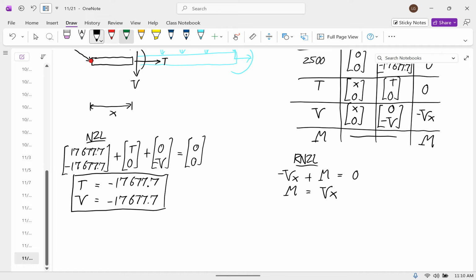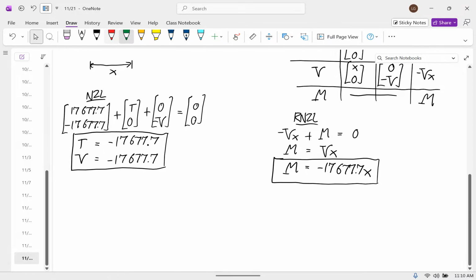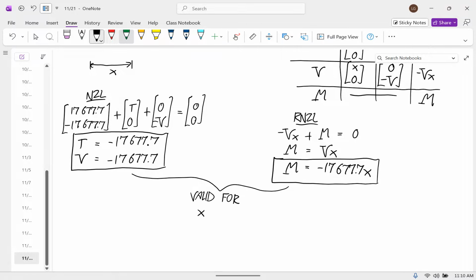V is negative 17,677, so M is equal to negative 17,677x. And these subfunctions are valid for any x between 0 and 0.5.